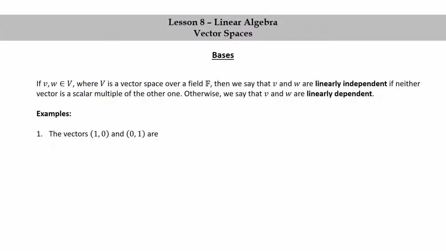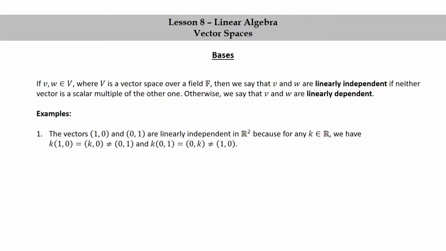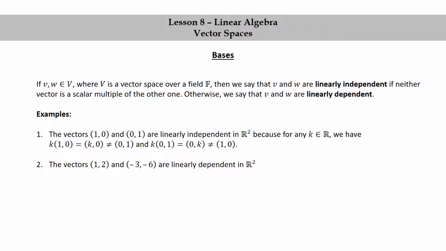The vectors (1, 0) and (0, 1) are linearly independent in R2 because for any k in R, we have k times (1, 0) is equal to (k, 0), which is not equal to (0, 1), and k times (0, 1), which is equal to (0, k), is not equal to (1, 0). The vectors (1, 2) and (-3, -6) are linearly dependent in R2 because (-3, -6) is equal to -3 times (1, 2).